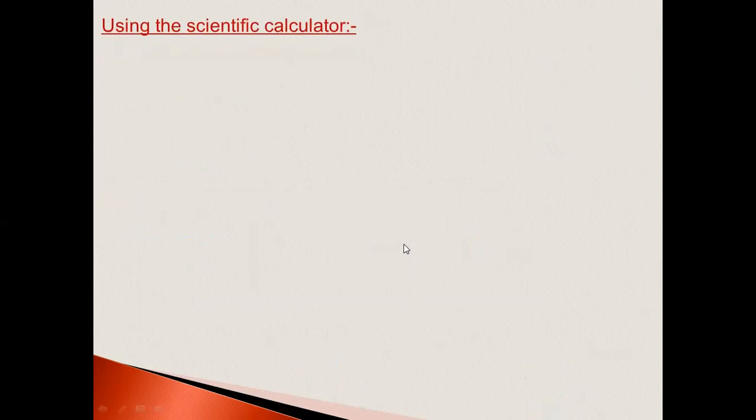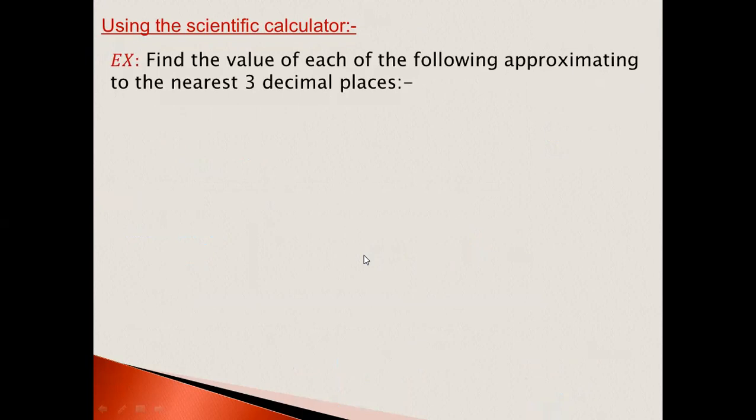Using the scientific calculator, find the value of each of the following, approximating the result to the nearest 3 decimal places. Cosine 32, we can write in the calculator cosine 32 and it's going to be 0.848.